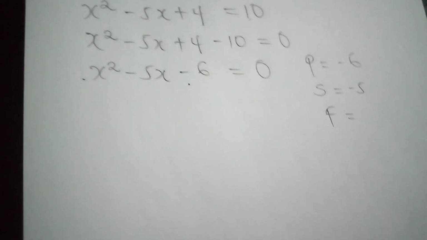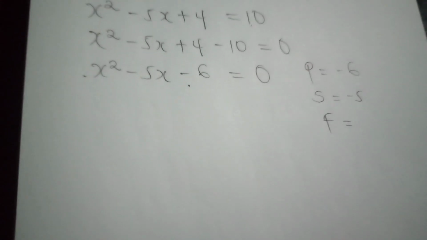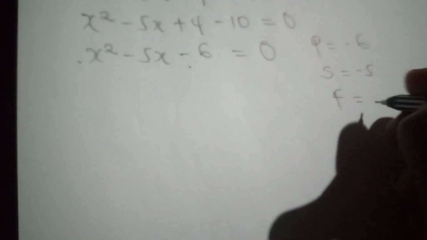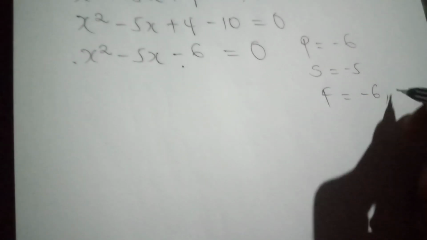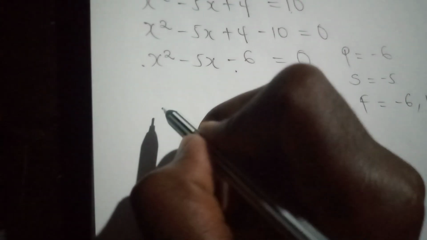Factors, numbers that you can multiply and add to get those two values, that is negative 6 and 1. So we replace, that is x square minus 6x plus x minus 6 is equals to 0.